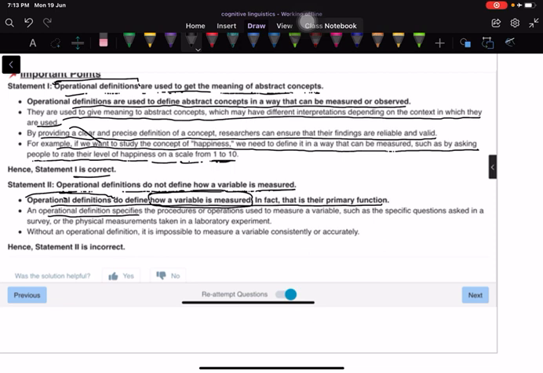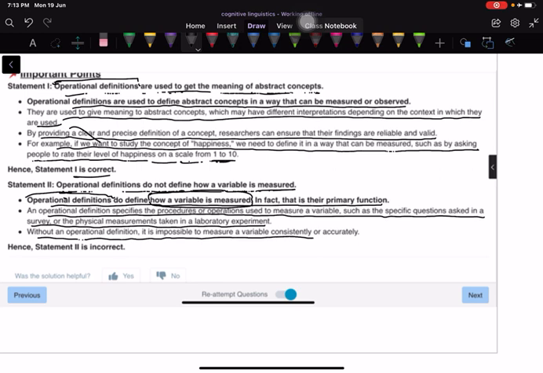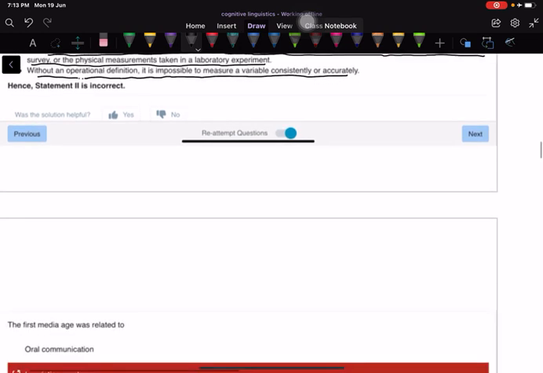An operational definition specifies the procedures or operations used to measure a variable, such as the specific questions asked in a survey or the physical measurements taken in a laboratory experiment. Without an operational definition, it is impossible to measure a variable consistently or accurately.